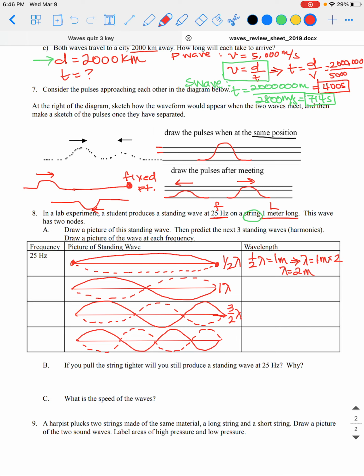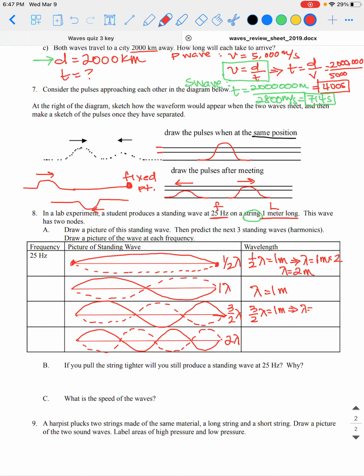This is 2 waves. And if I know that the string is always 1 meter long, 1 wave is going to be a wavelength of 1 meter. 3/2 of a wavelength is going to equal 1 meter.